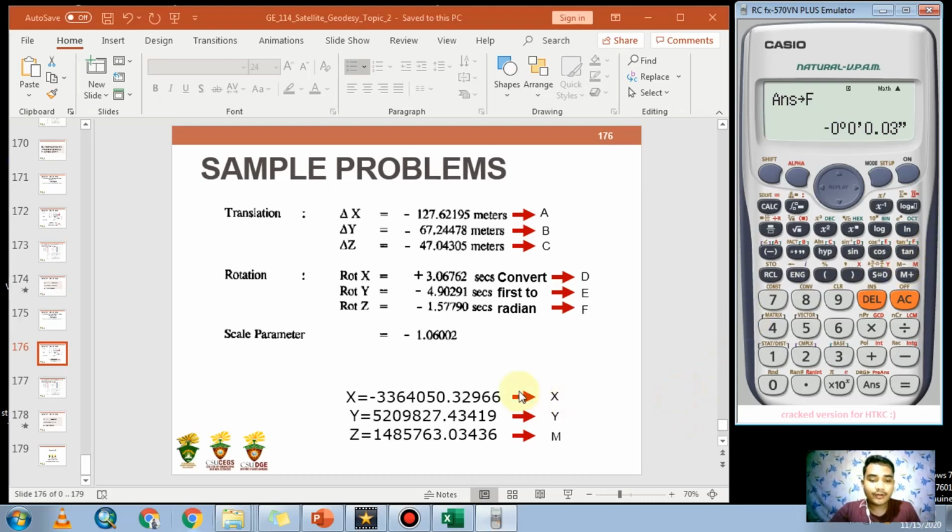For X, Y, and Z, we have negative 3364050.32966. Store at memory X. Next is 5209827.43419.